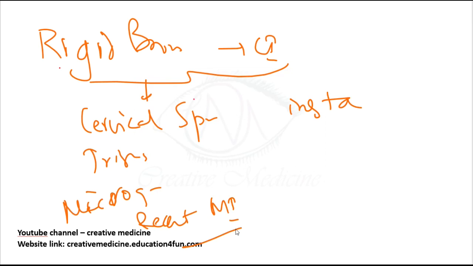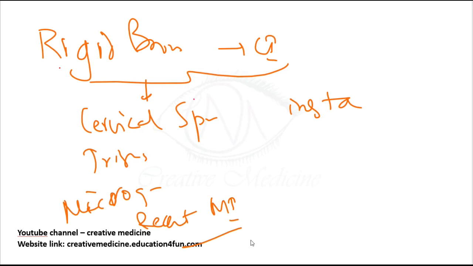Flexible bronchoscopy is useful in bedside examination of a critically ill patient. It can be passed through the endotracheal tube or through the tracheostomy opening. So what are the contraindications of rigid bronchoscopy?